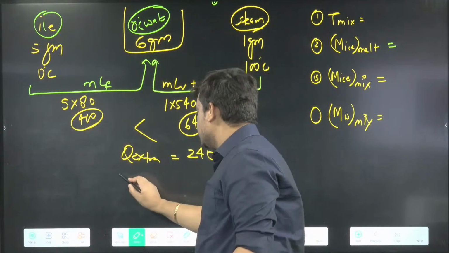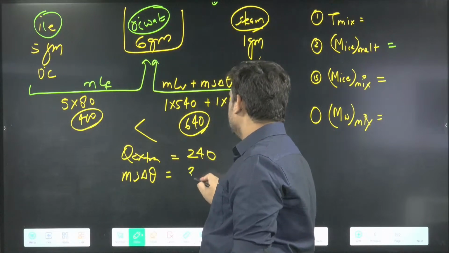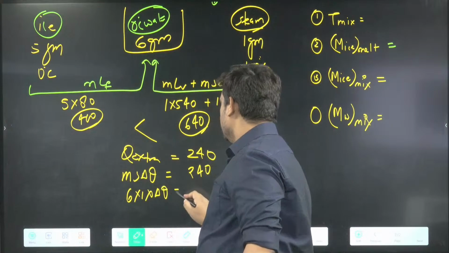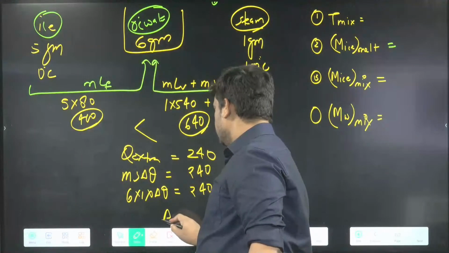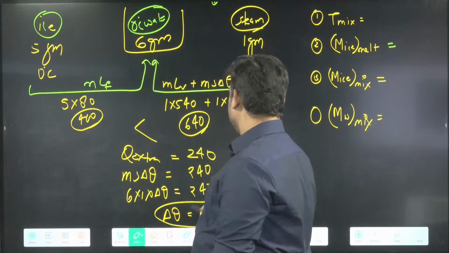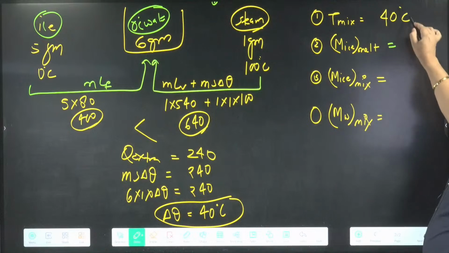Now this excess will increase the temperature. So m s delta theta equals 240, mass is 6 into 1 into delta theta equals 240, so delta theta becomes 40 degrees Celsius.